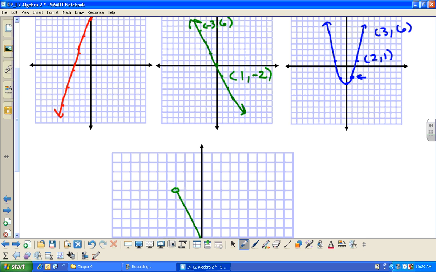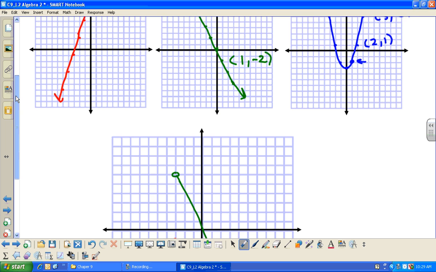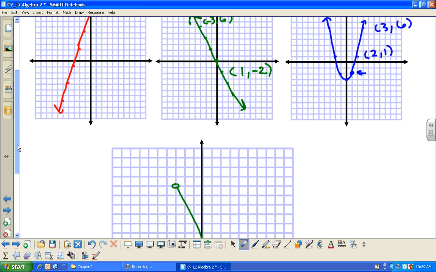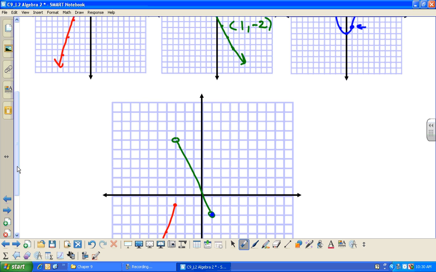So I'm going to write those points for my blue graph. And extend my line.